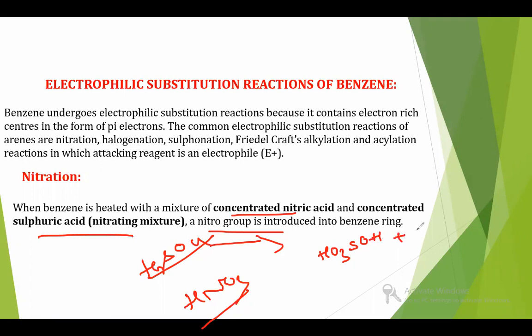Next, HNO3 I will write as HO-NO2, nitrogen with oxygen. The oxygen is an electron-rich group. When the pair of electrons on it binds, the electron pair shifts onto the oxygen, the hydrogen-oxygen bond electrons shifting onto this oxygen.